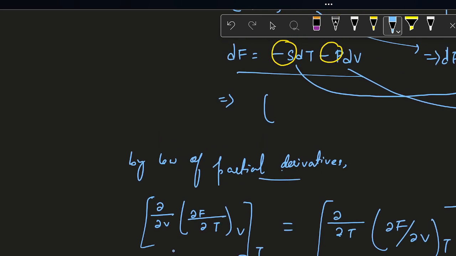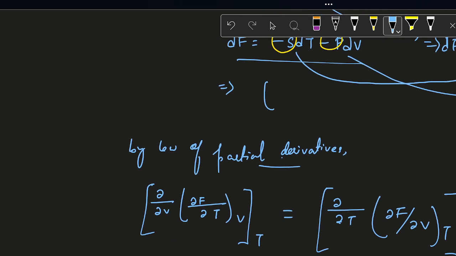So with that knowledge you just replace it here, that this del F del T is replaced by del S now. Basically there are minus signs on both sides, so that will be eventually cancelling out with each other. So it is just del S del V at T constant.